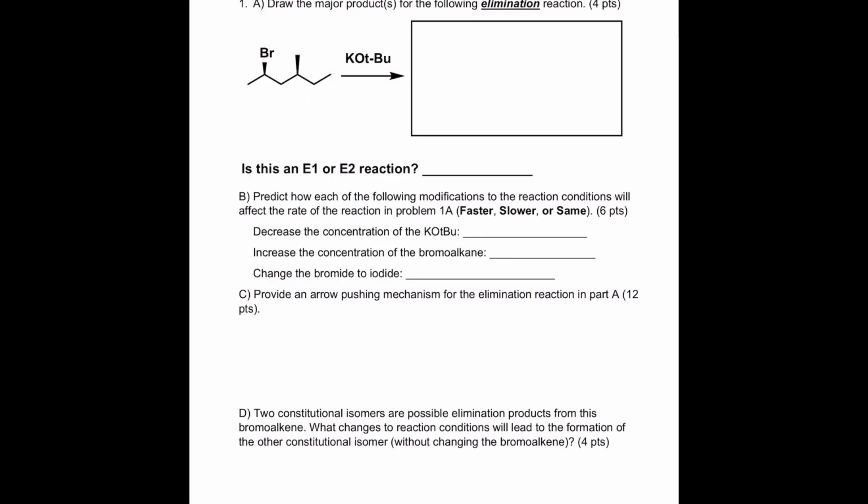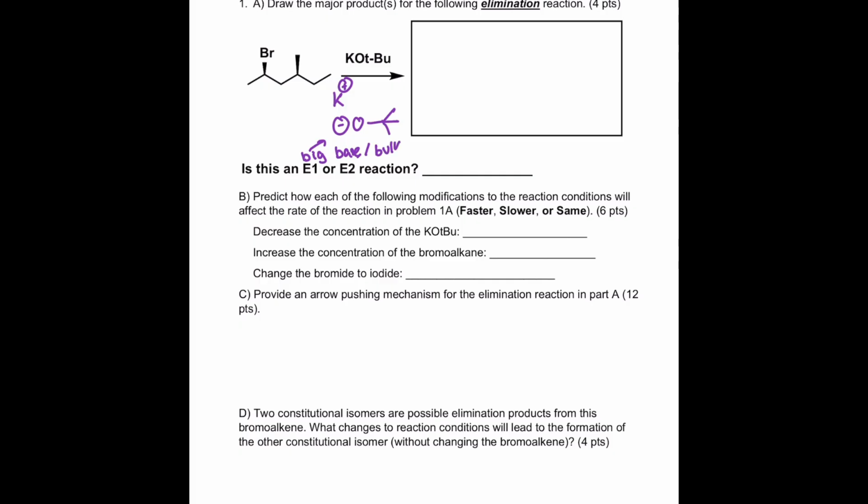So KO2Bu, that's just a fancy way of saying this. So it's a pretty big molecule. We could put that this is a big base. So that is our big bulky base.